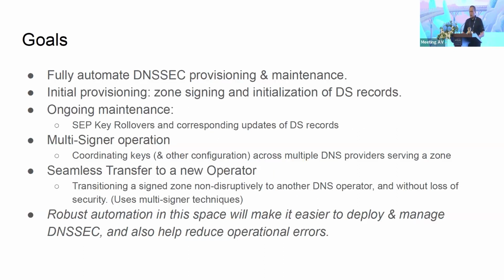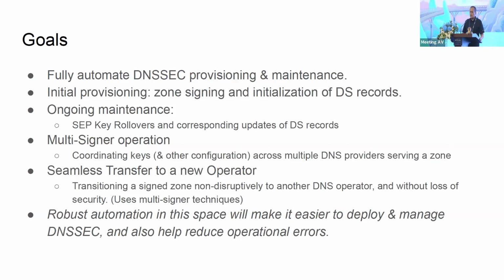So our main goal is to fully automate DNSSEC provisioning and maintenance to the extent possible. This includes initial provisioning and bootstrapping of delegation signer, or DS, records, and also ongoing maintenance, such as updating of DS records as key rollovers and things of that nature happen.